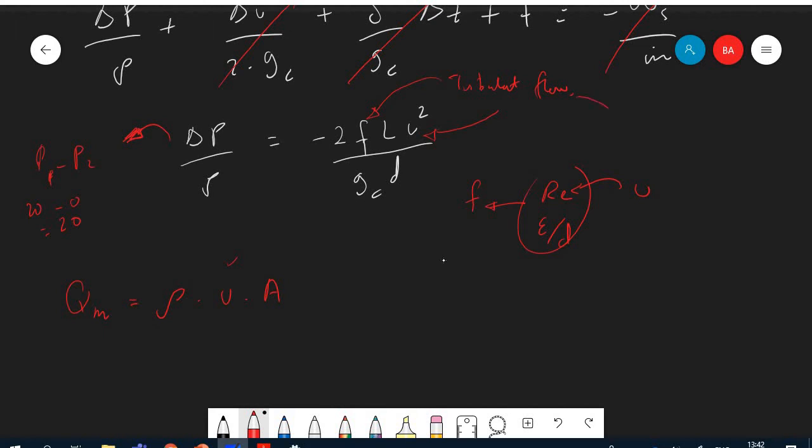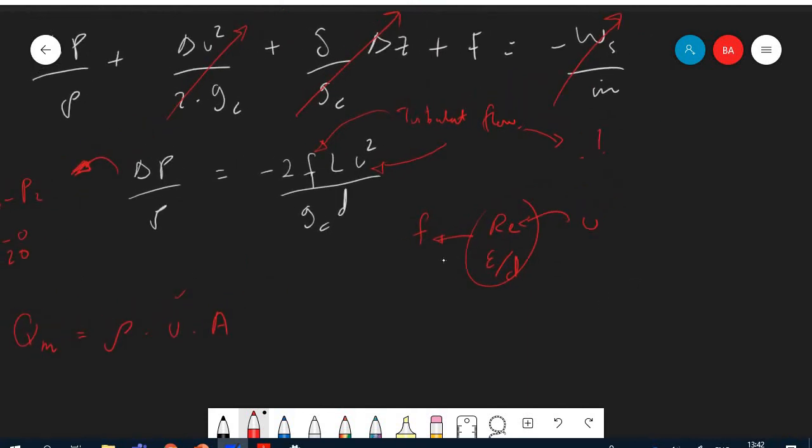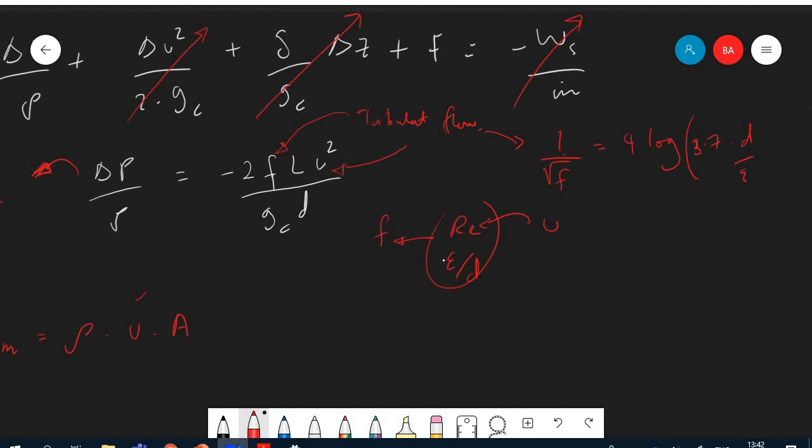Because it's fully turbulent, we can use a simpler equation, the one that we used before: 1 over square root of f is equal to 4 log of 3.7 times D over E. In this case, we don't need to do the guess game, right? Why? Because there's no u here.